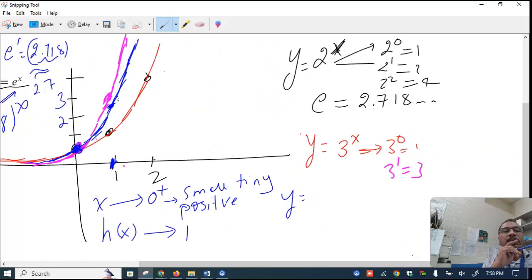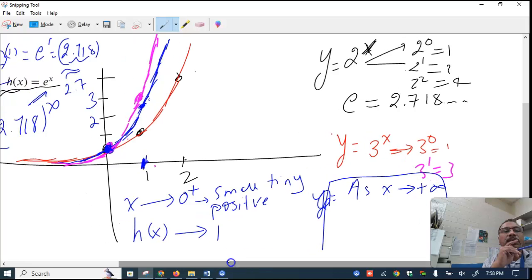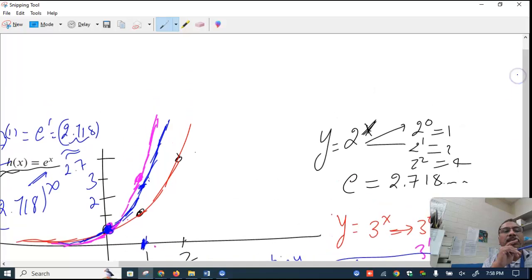Next, what about when x approaches very large positive infinity, a very large number? You can see this graph goes on increasing faster. This is y equals 3 raised to x.